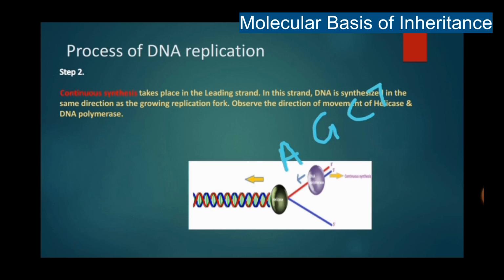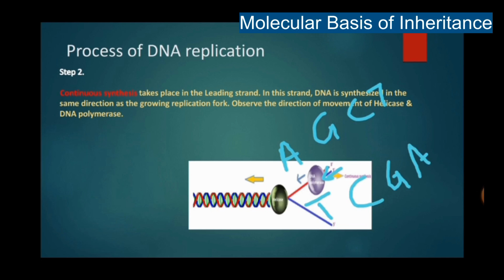Now the DNA polymerase comes. It will just move like this, in this direction. It will read this letter, right? And will create the corresponding letters on the other side. And that is how the new strand is created. Like the new strand which is created is T, C, G, A.